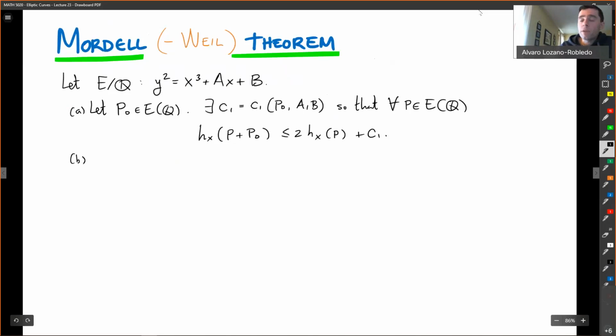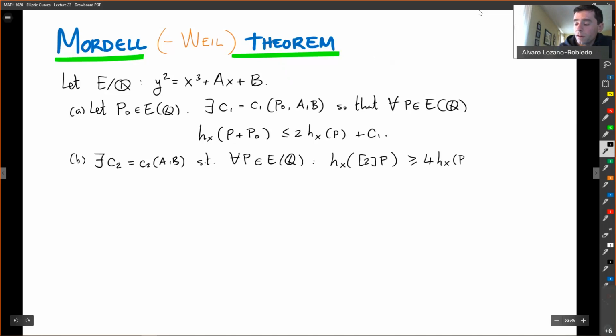B: There is a constant C2 such that for all P in E, the height of 2P is at least 4 times the height of P minus C2, which was the second property of heights.